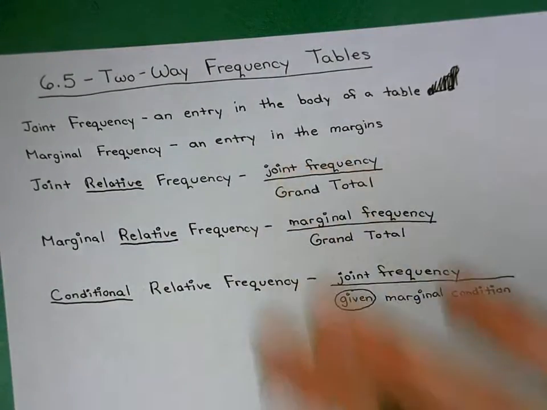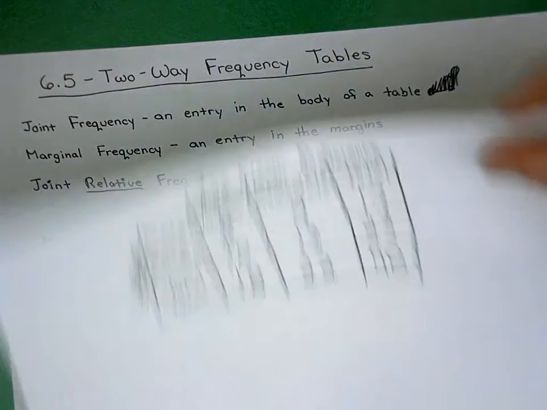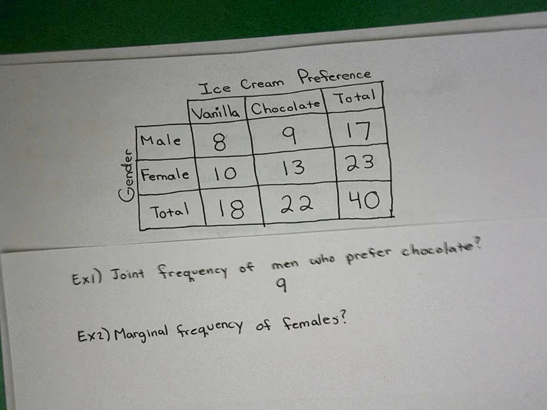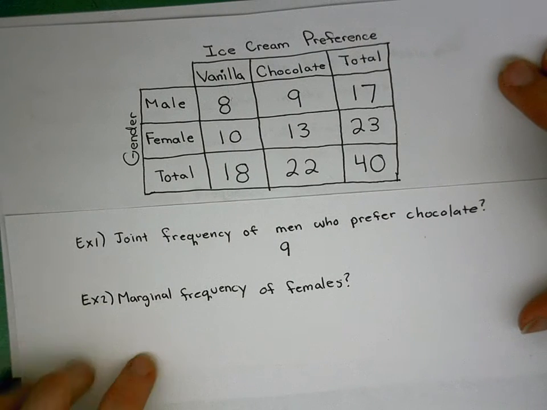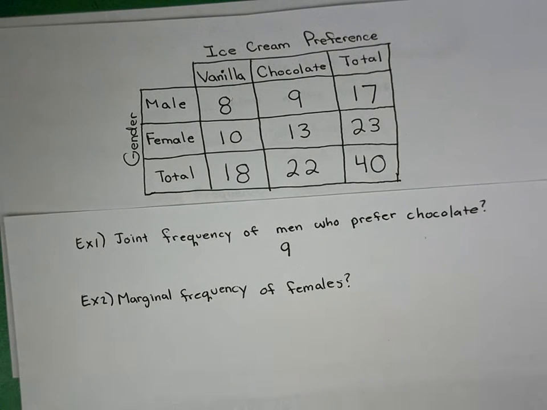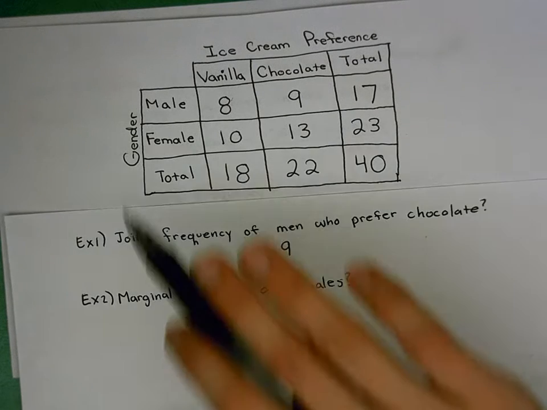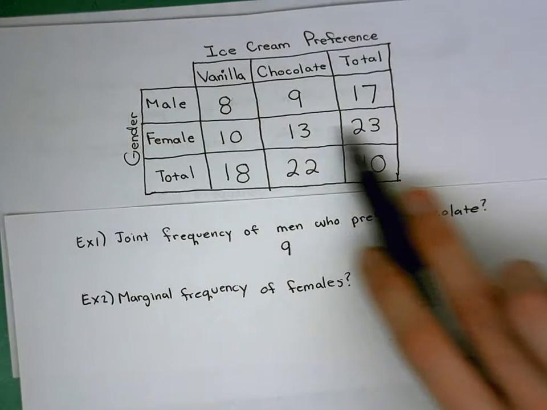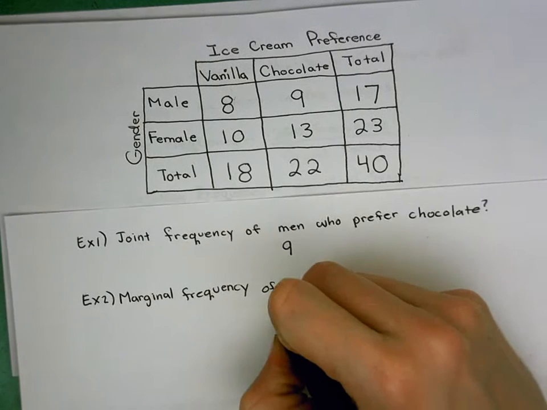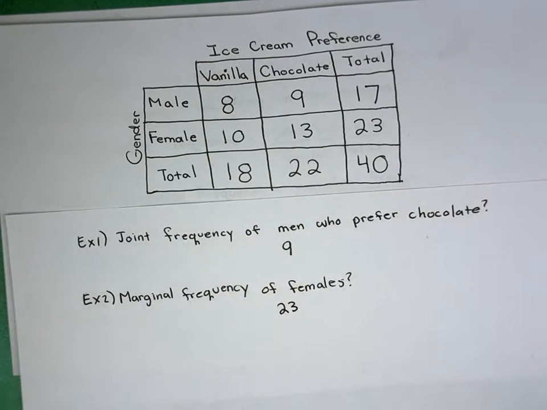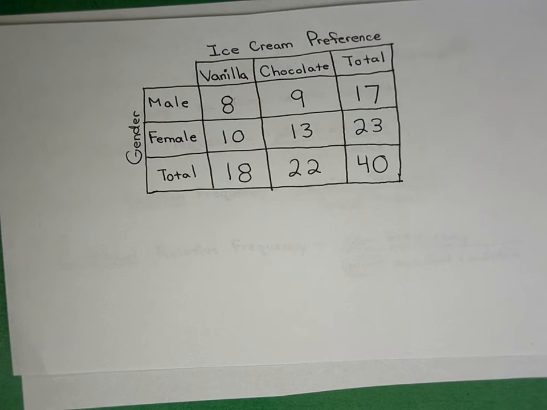There's no relative, so we aren't doing a fraction. We're just going to do the marginal frequency itself. Marginal is the number inside the margins, on the outside of the table. In this case, it's females. Here's females. Margin, 23. So that's my marginal frequency there. Okay, that's joint and marginal.